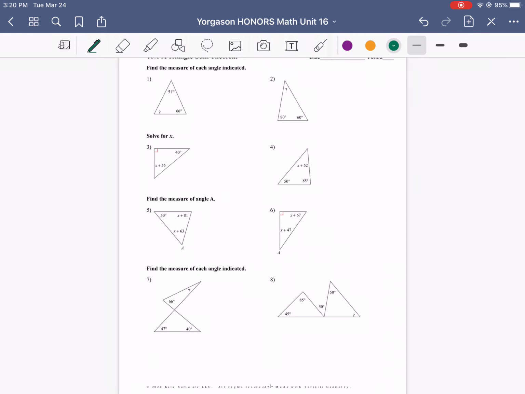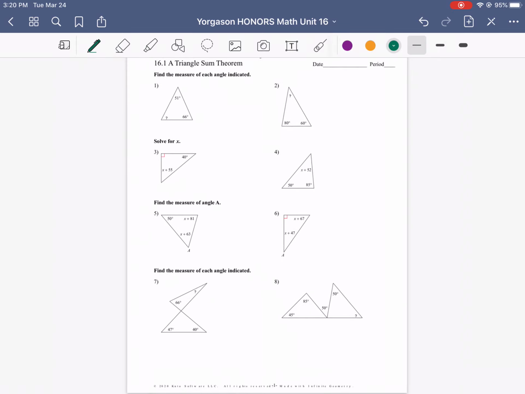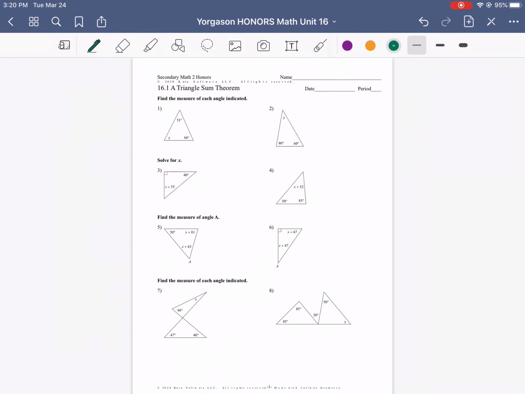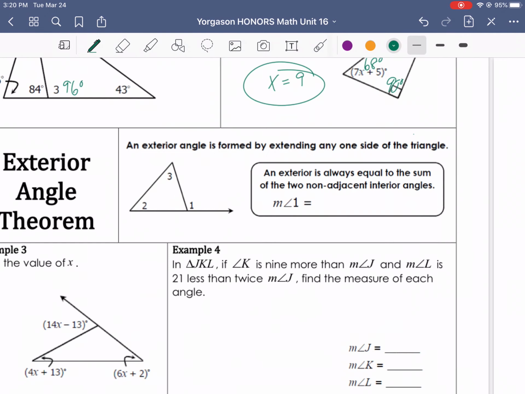You don't have to turn it in. It's not part of an assignment. But it's worth trying maybe at least the last 3 or 4. They start to get kind of hard. So if you start at problem 7 and it feels too tricky, scooch back to 1, 2, or whatever, but give those a shot. Anyway, that's the general concept from triangle angle sum theorem.